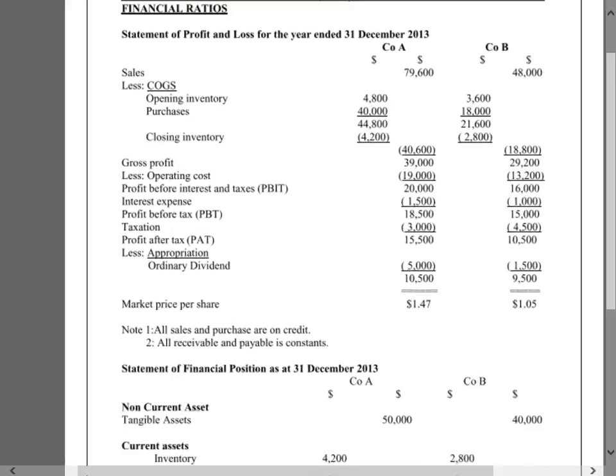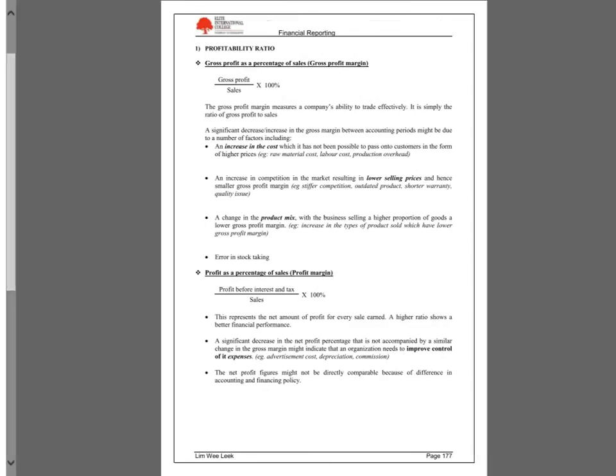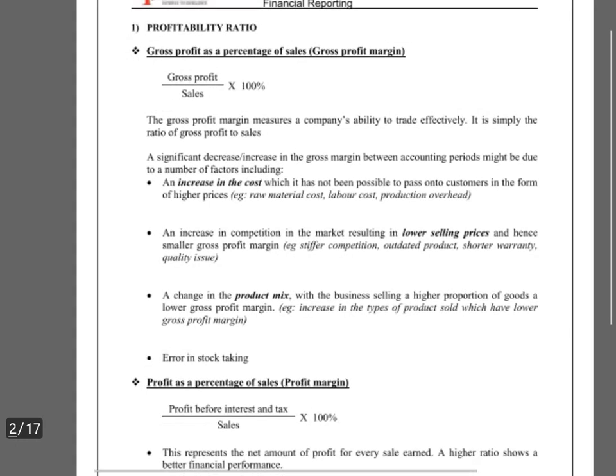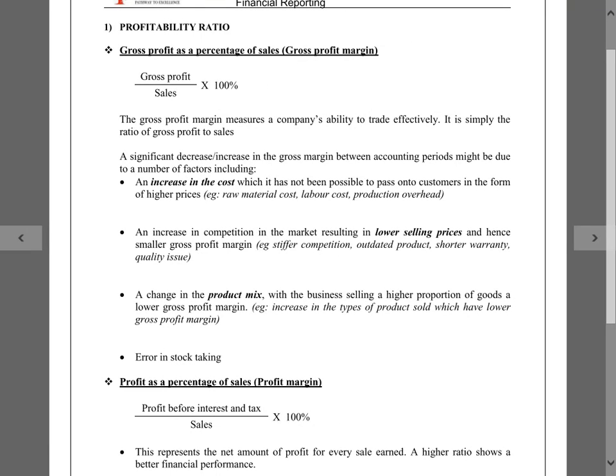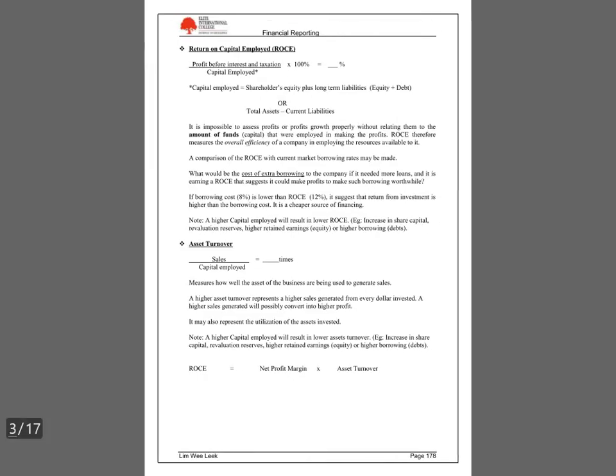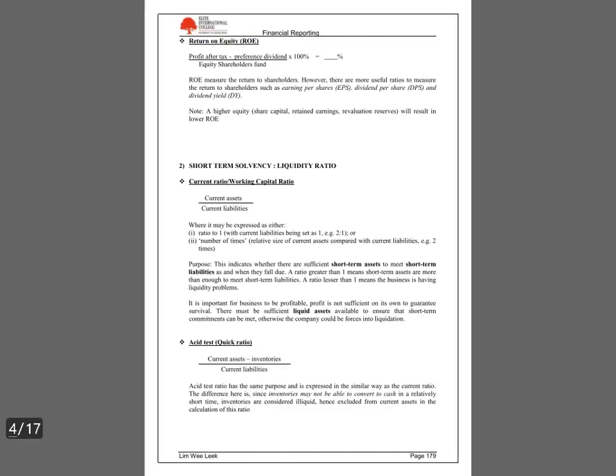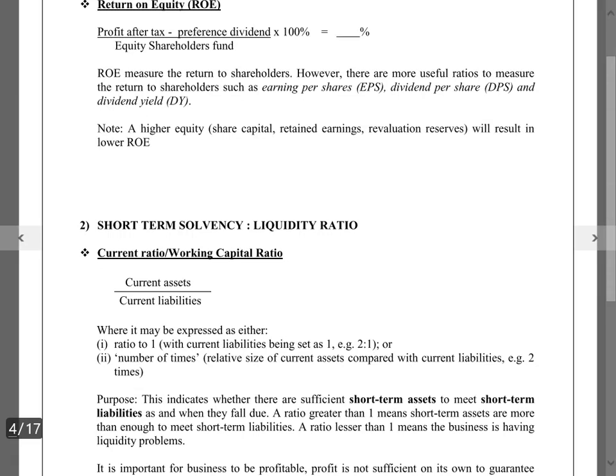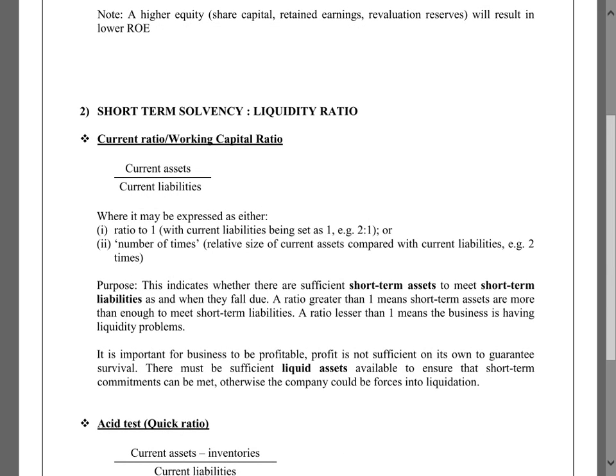Page number. So ratio, we have the first main ratio, profitability ratio. The second one will be short-term solvency, which means liquidity. Liquidity we learned before, right? Current ratio, liquid asset test ratio. What's the ideal ratio for current ratio?